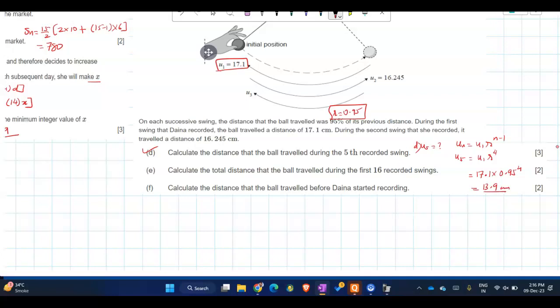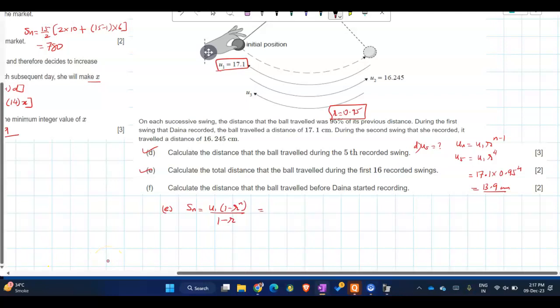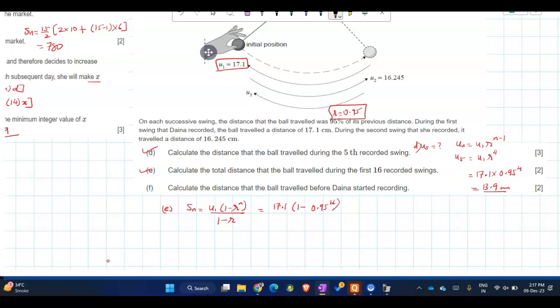Then the total distance traveled? Sn, yes. The formula for Sn is in your formula booklet: U1 times 1 minus r raised to n, upon 1 minus r. Please apply this. So 17.1 times 1 minus 0.95 raised to 16, upon 1 minus 0.95.